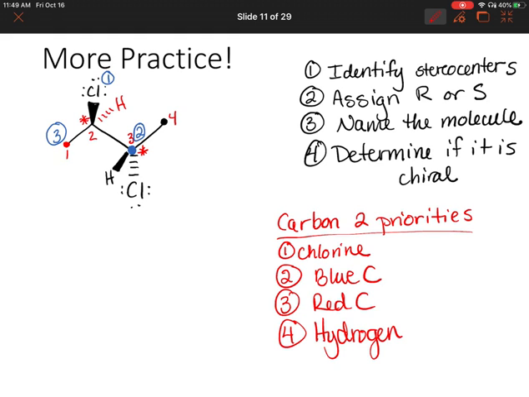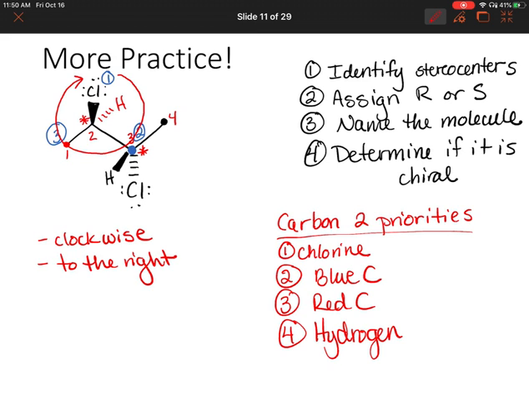All right, so now let's draw our little circle going from 1 to 2 to 3. All right, so if we imagine our steering wheel, we're moving it to the right in a clockwise direction. All right, so is that R or S?